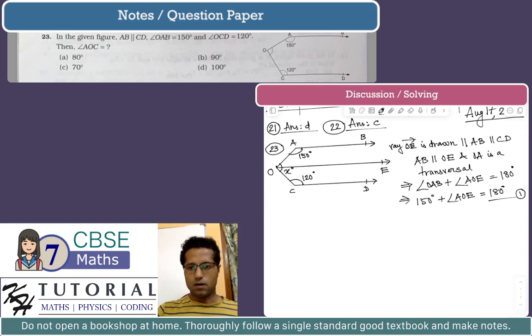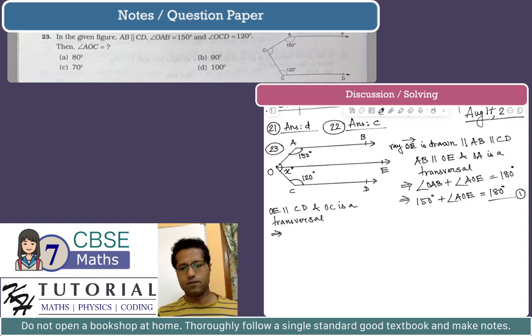Now we again have OE parallel to CD, and OC is a transversal. So here also we have two co-interior angles whose sum will be 180 degrees, and the co-interior angles are angle OCD and angle COE.